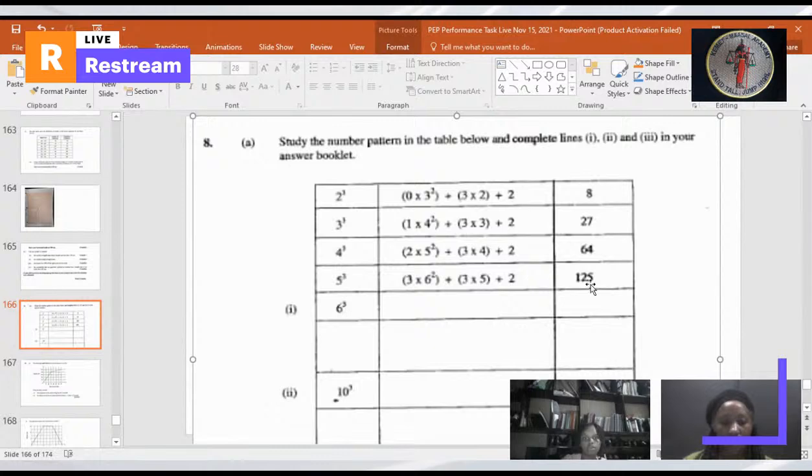Okay, miss. So the multiplier is going up by ones for the first bracket, and then the multiplicand is still going up by ones, and then for the multiplicand in the second bracket, it's going up by ones, but it starts at 2, and they're just multiplying by 3s in the second bracket. All right. But it's not enough to say that.